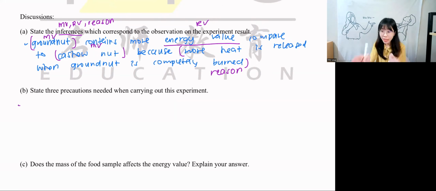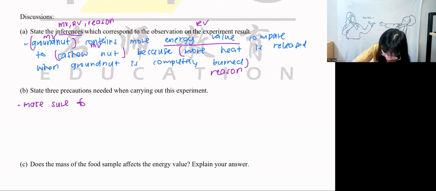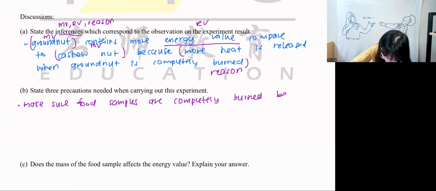So whatever you said just now is correct, guys. Now we're going to put it into a sentence. You have to say, make sure food samples are completely burned before reading final temperature.